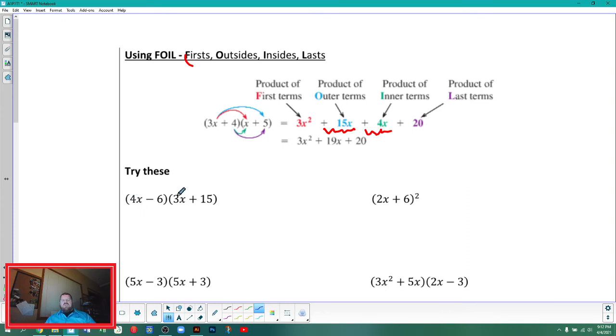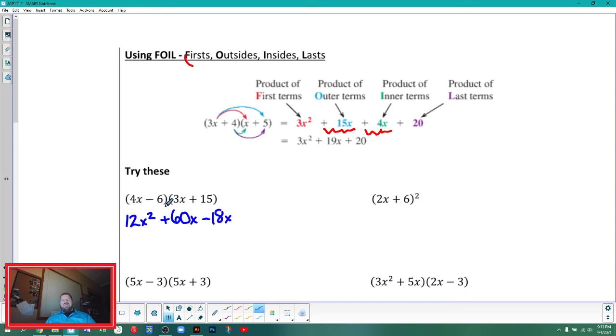First times first, 4 times 3 is 12, and x times x is x squared. Outsides, outsides. 4 times 15 is 60, and there's an x, so plus 60x. Insides, negative 6 and 3, negative 6 times 3 is negative 18, and there's an x.